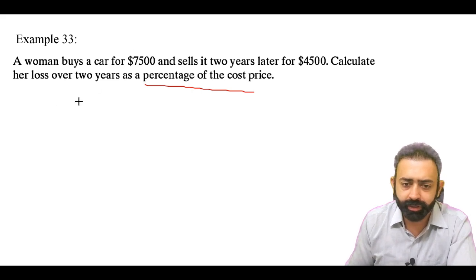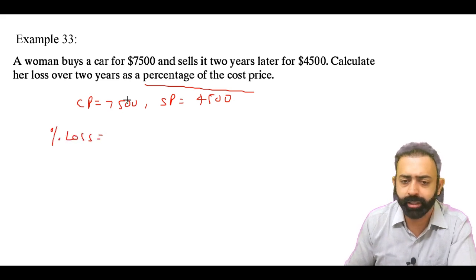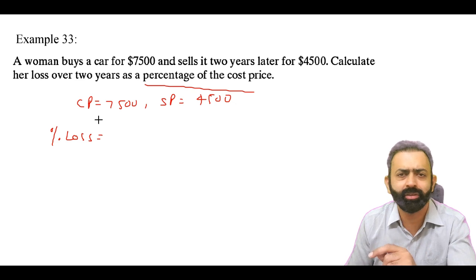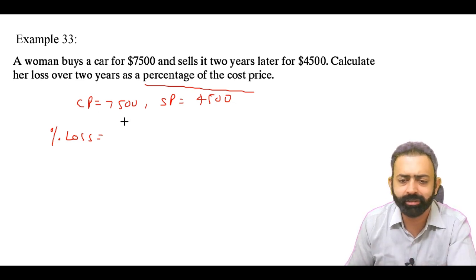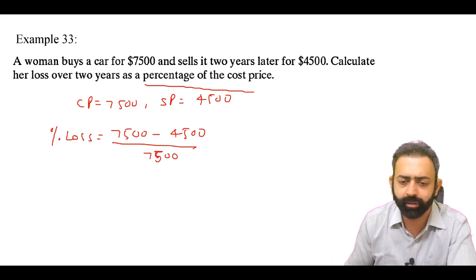So this is CP, which is 7,500, SP is 4,500. So percentage loss will be there, right? So I'm using the second formula to get the things positive, that I will subtract SP from CP. So 7,500 minus 4,500, but it is always calculated on CP, no matter it is greater than selling price, into 100.